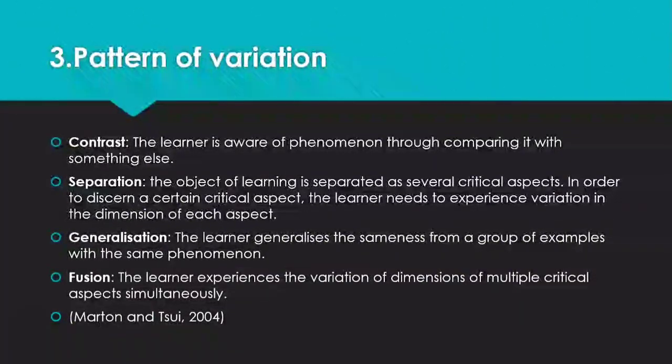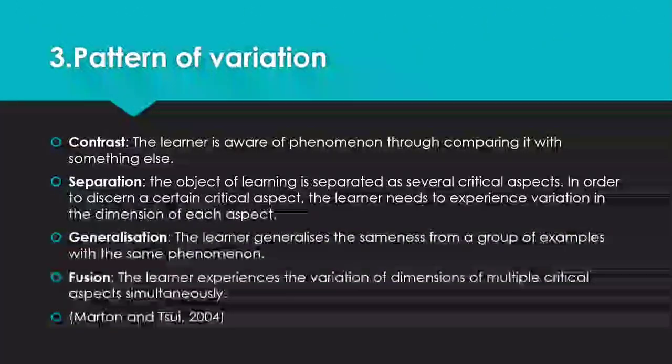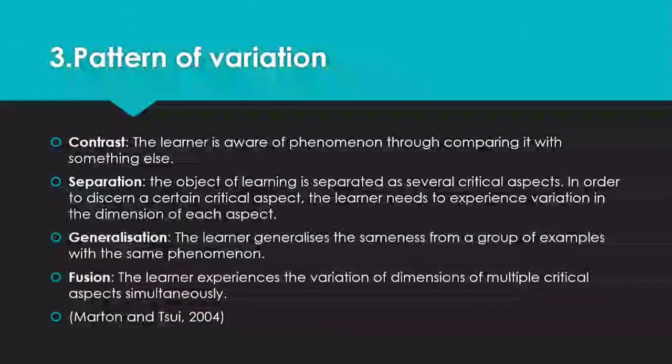Also, the learner will generalize the same thing about the relationship between consumption and price when supply is invariant. Finally, as the last step, the fusion, the learner experiences the variation of dimensions of multiple critical aspects simultaneously.